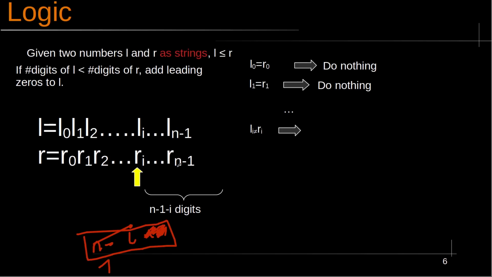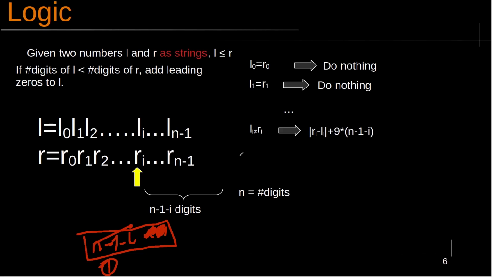The last digit is n minus 1, so n minus 1 minus i, because the string is 0-based indexed, and n is the number of digits. The formula will be Ri minus Li plus 9 times the number of remaining digits, as we have seen in the previous slide.